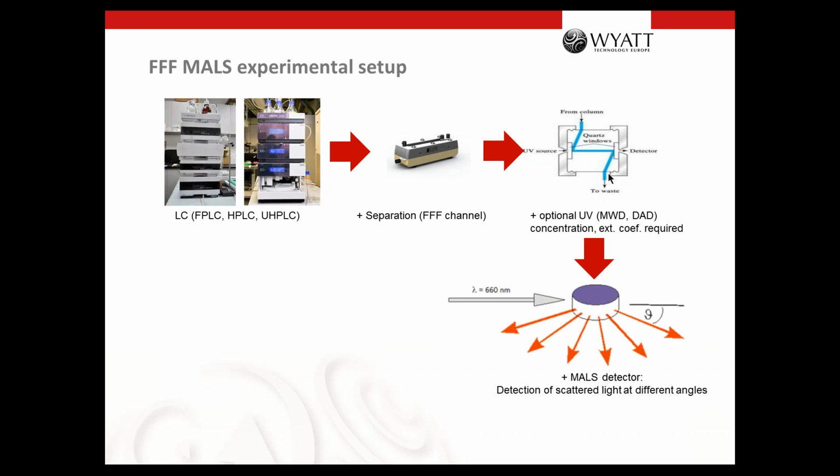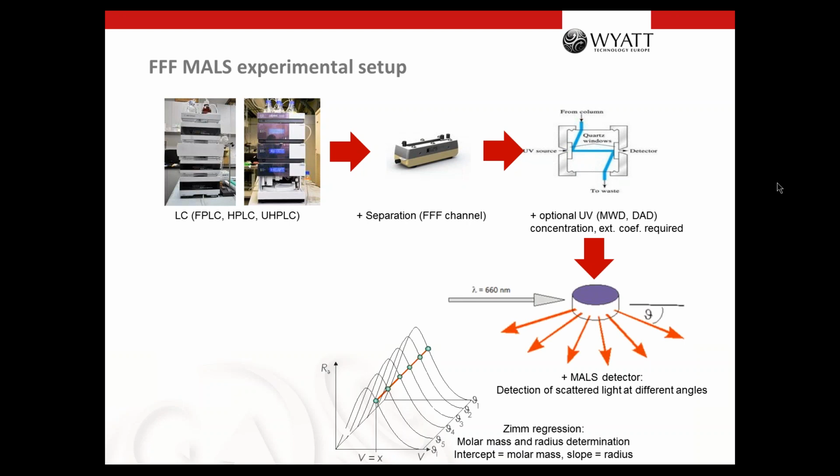The MALS detector measures then the amount of scattered light at different angles, and we can measure from the angular dependency the radius, and from the intercept of the y-axis of the Zimm plot, we can measure the molecular weight of the sample.